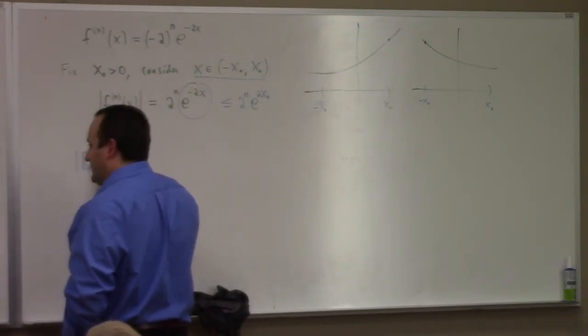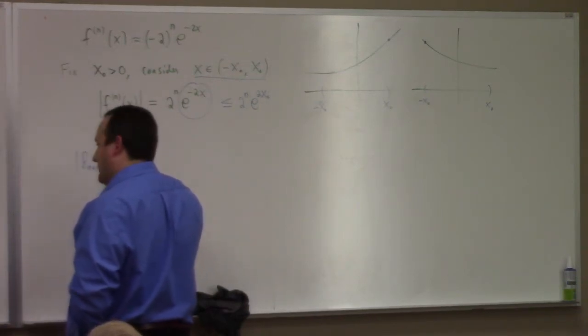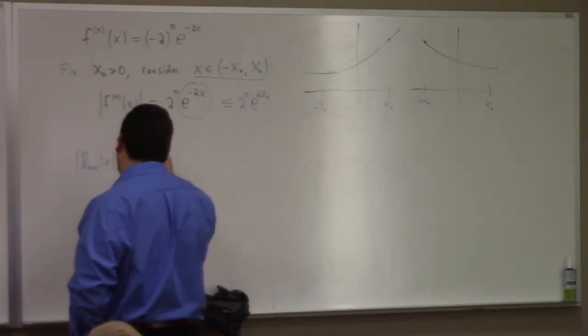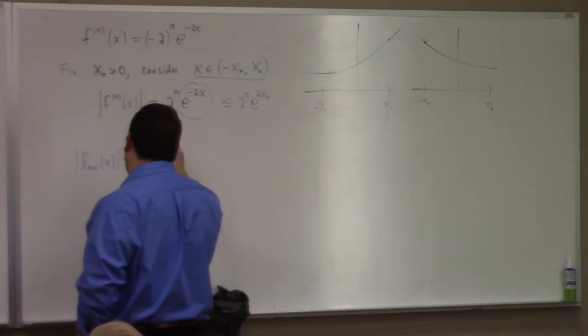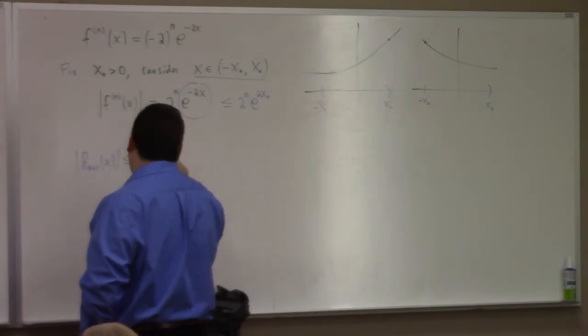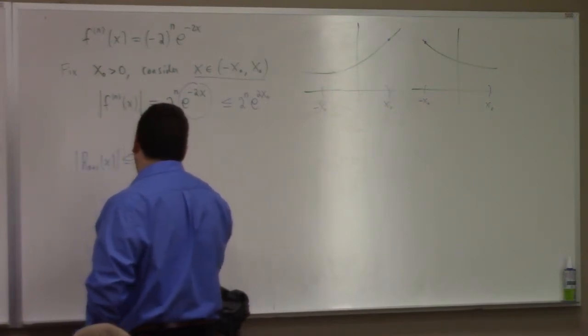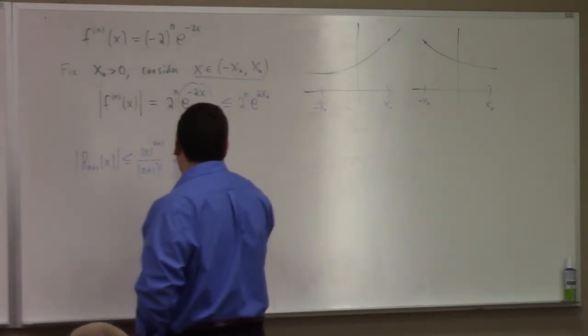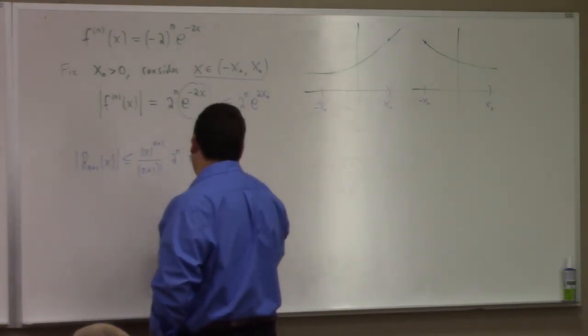Rn plus 1 of x, right, is less than or equal to, what is it? x to the n plus 1, right, over n plus 1 factorial, 2 to the n, right? e to the 2x naught.